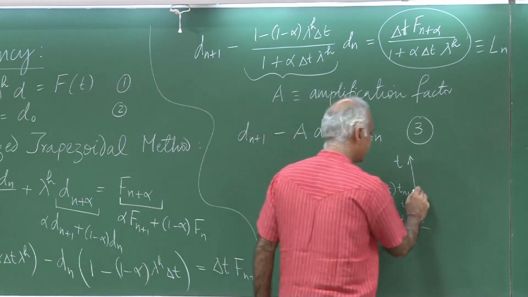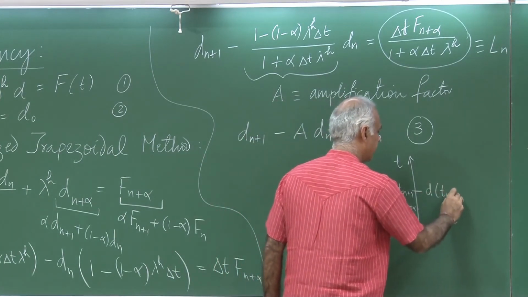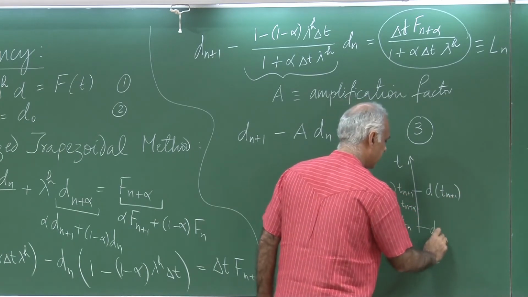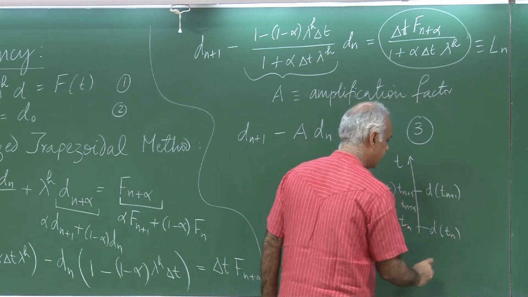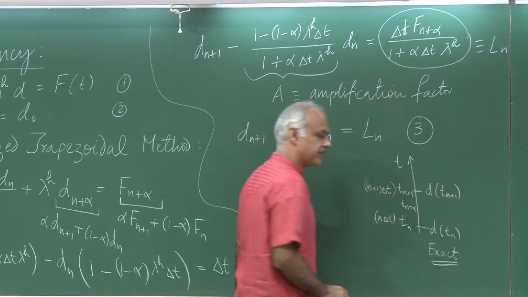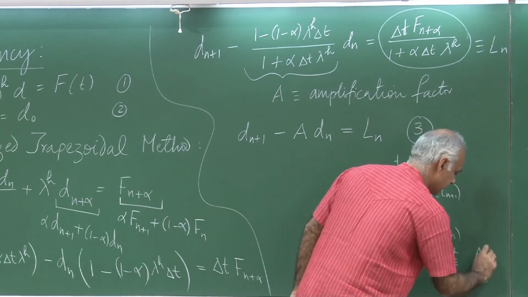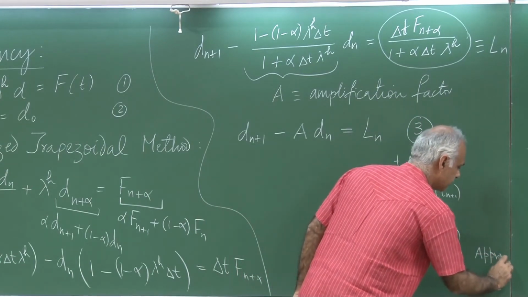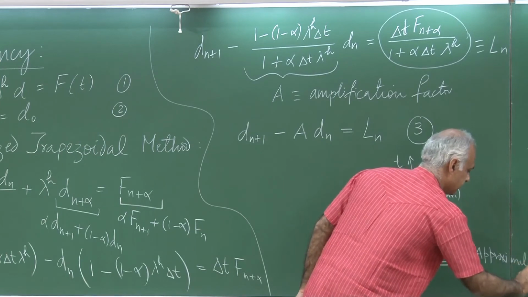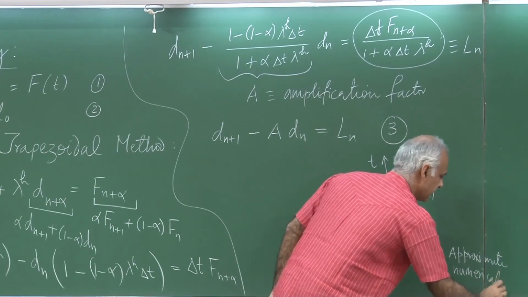So, the value here is d of t_{n+1}, this value is d of t_n, and these are exact values. I also have the approximate values, which are the numerical values that I am actually trying to find out.